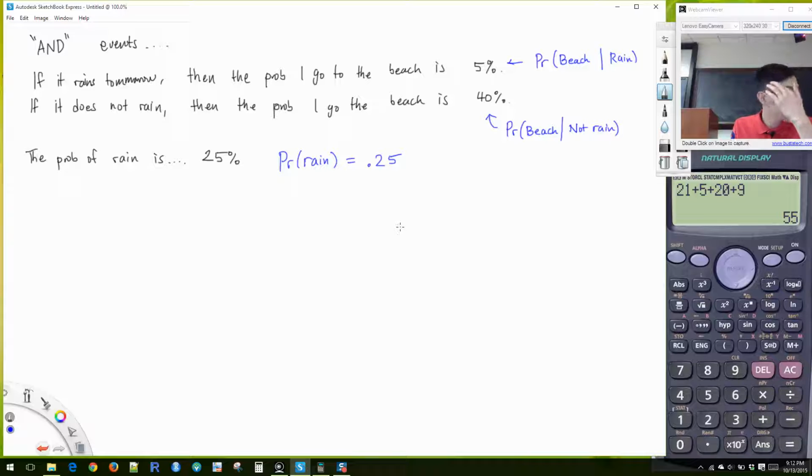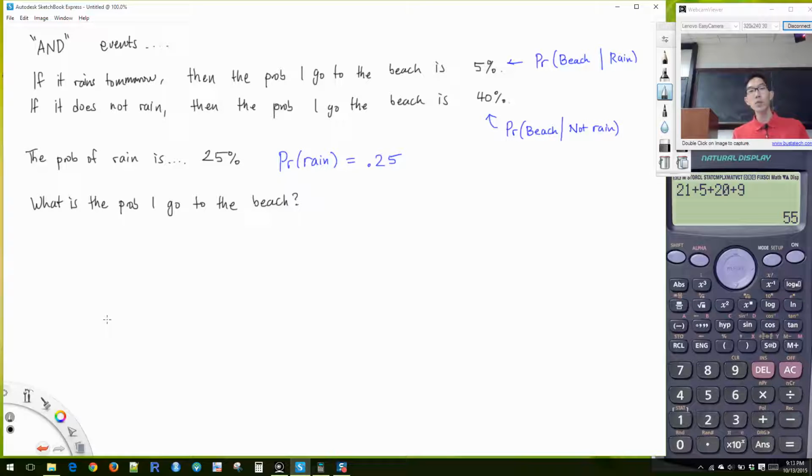Then I ask this question: what is the probability I end up going to the beach? This is interesting, so let's answer this.